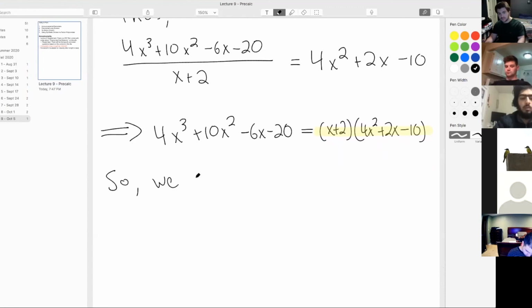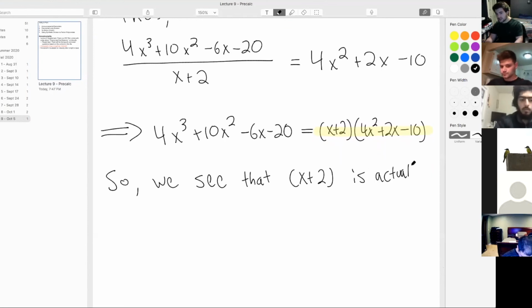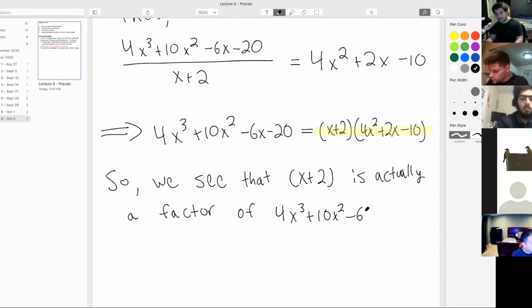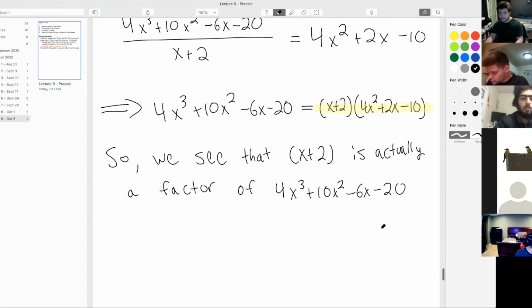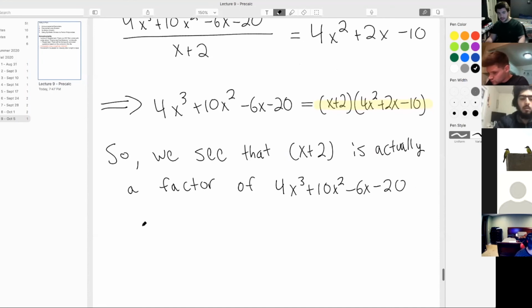First of all, we see that x plus 2 is a factor of that numerator. It's a factor of 4x cubed plus 10x squared minus 6x minus 20. It's a factor by definition because the polynomial is equal to x plus 2 multiplied by something else. So it is by definition a factor of this left-hand side.